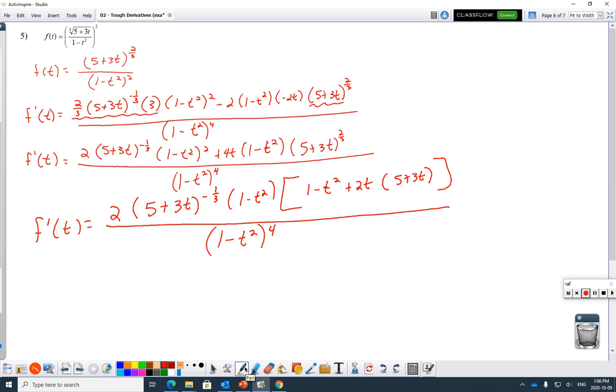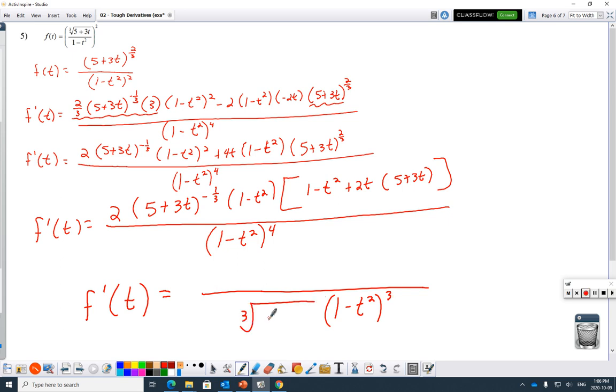Let me do the last step all at once, because last time I did that and everybody seemed okay with it. But if you're not, I really want to answer your questions. I got a 1 minus t squared cubed. You think over how it became a cubed. I've got a third root of 5 plus 3t. You think that over and see where that all came from.